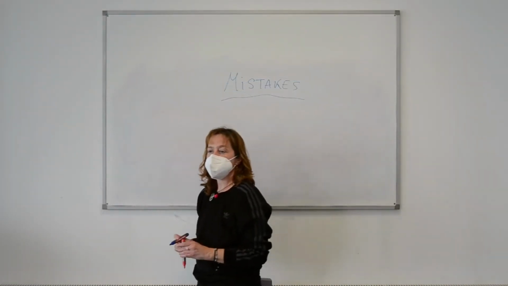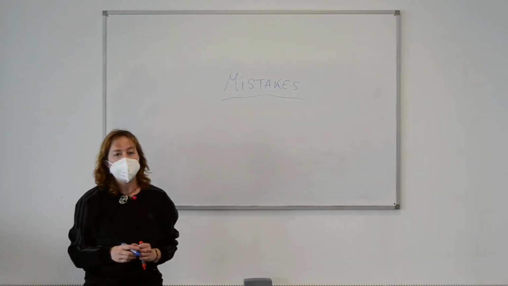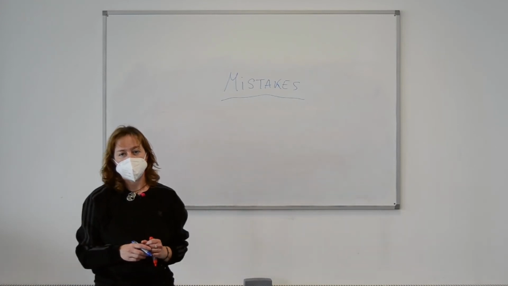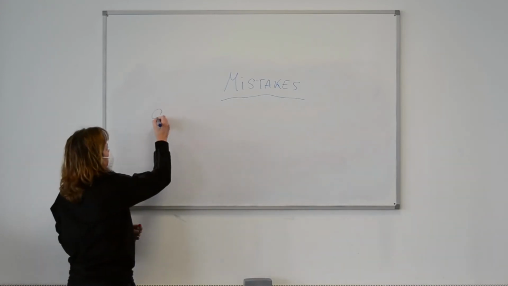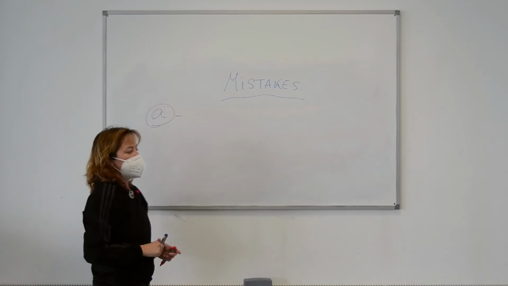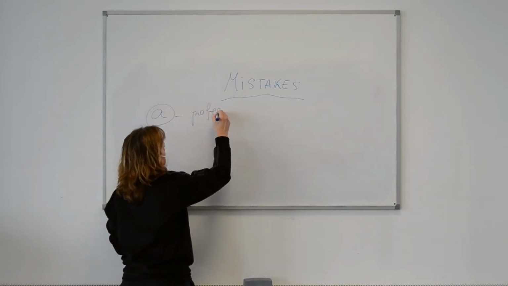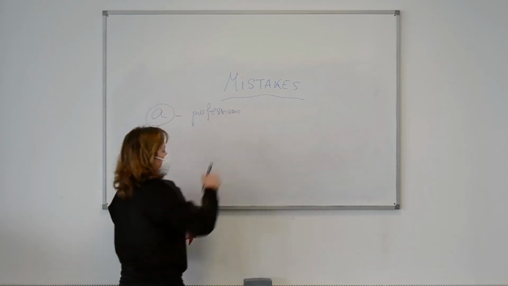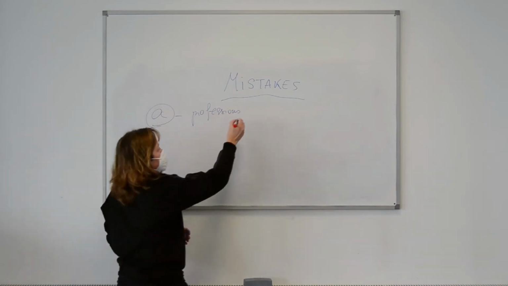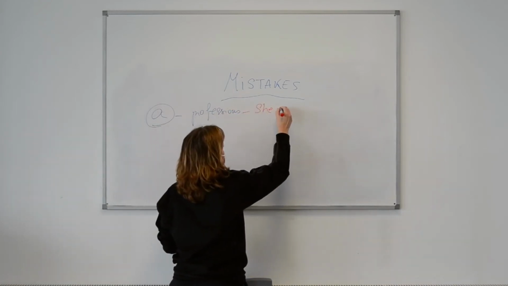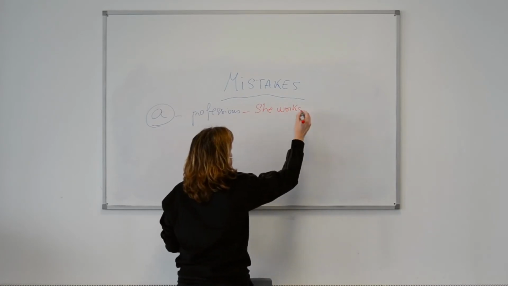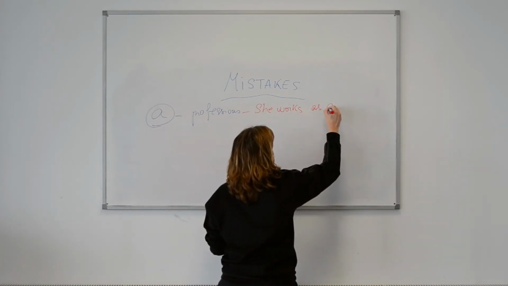Well, many mistakes are related, for example, to the use of the indefinite article a. The article, when we refer to professions, is completely necessary in English. For example, we say "she works as a teacher."